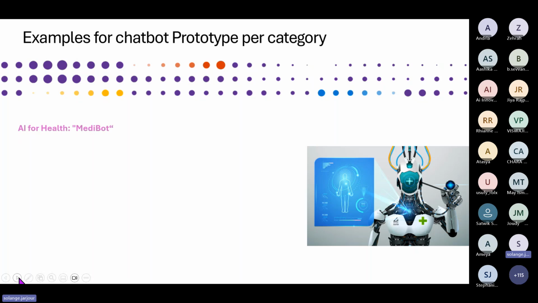I'm waiting for your answers. Ms. Lama, whenever you have any answer, please tell us the answers from the students. So the question is that I need an example from you, dear student, of a problem in the category of health that will be solved with a chatbot.